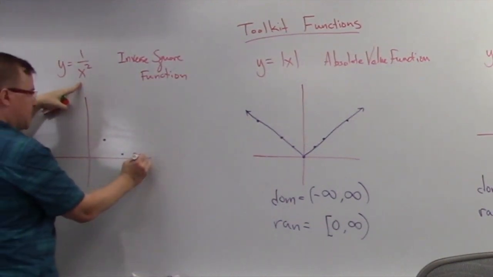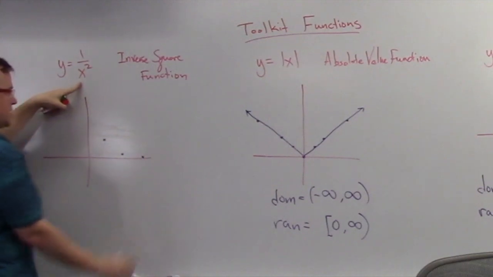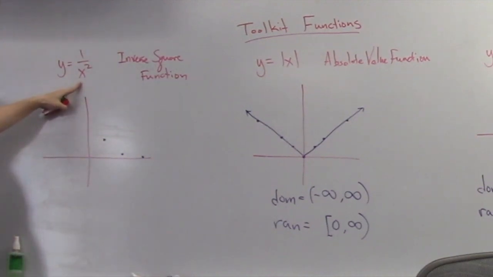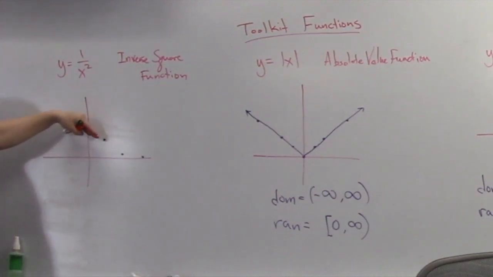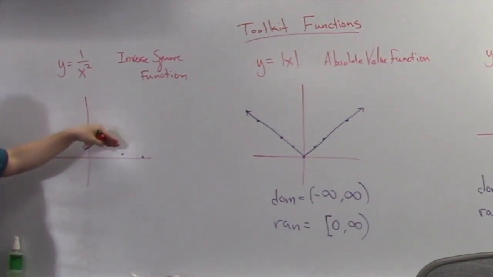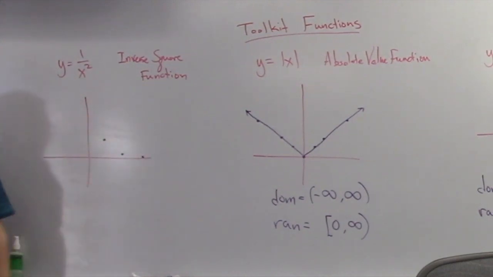So it kind of reminds me of the reciprocal function, but it starts to hug the x-axis. I'm not sure how to say this in English. More quickly, sort of.